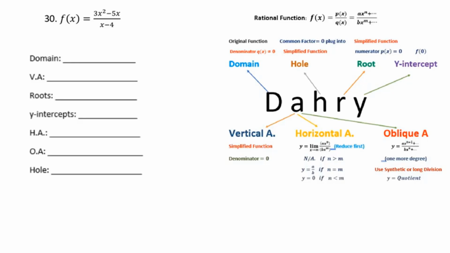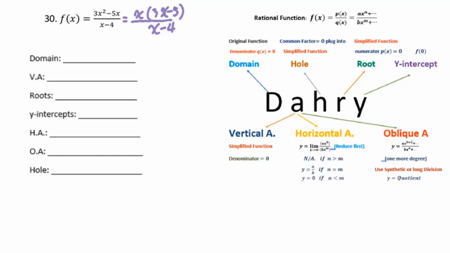You have 3x squared minus 5x over x minus 4. First of all, factor the rational function, common factor. So we get 3x minus 5 over x minus 4.